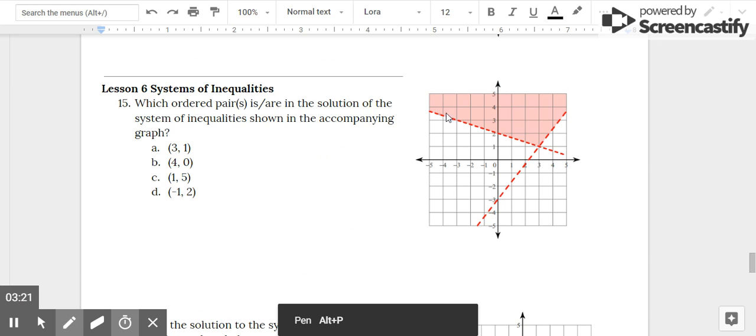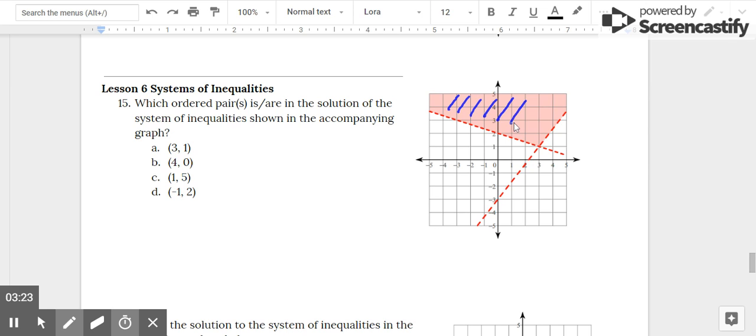Number 15. So now as you see, the system of equations has the answer of this, and any point in this area is going to be the answer. So (3, 1), but you see (3, 1) is on the dashed line. The dashed line is not included. A point on the dashed line is not included in the solution set, so it's not.